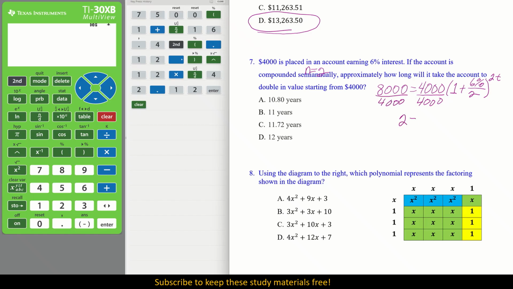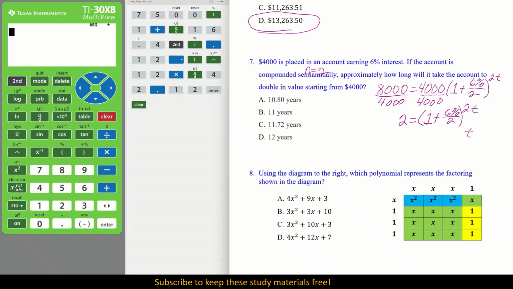That means we have 2 equals 1 plus 6% over the 2. Of course, I could say half of that is 3%, but I'm not going to do that. And then put in the options we have.